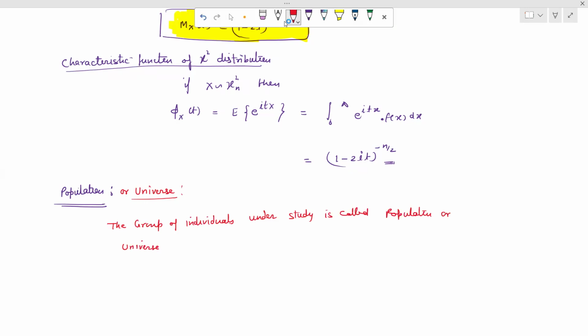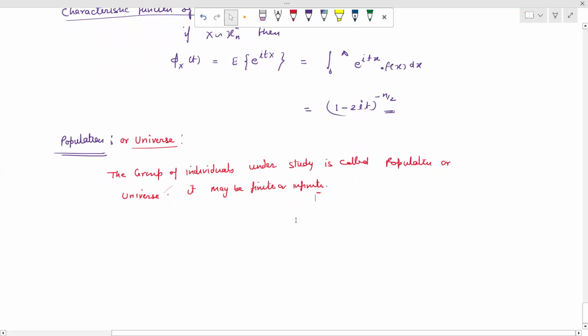The universe may be finite or infinite. That means the total population of India, the total population of the world.